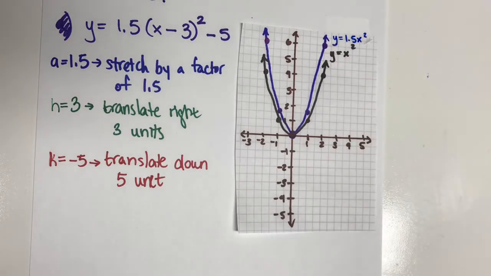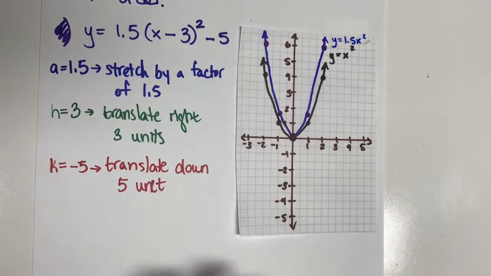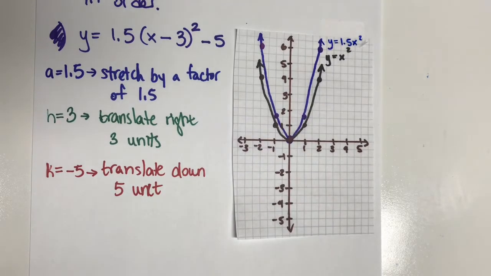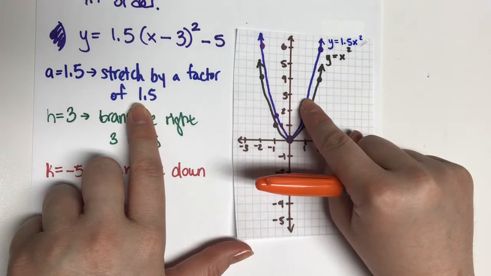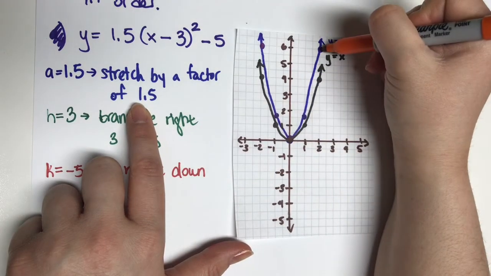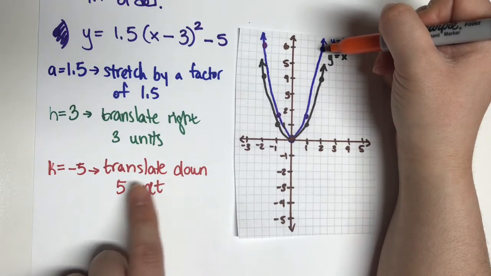Next, I'm going to translate to the right 3 units and down 5 units. So like I said, by this point you should have enough practice with translations that you could do it in one step. So I'm going to take the blue graph, my transformed graph, and each of these key points, I'm going to go right 3, down 5.